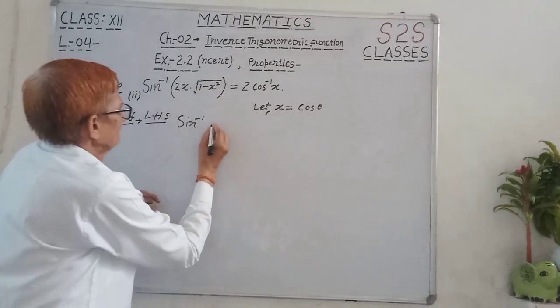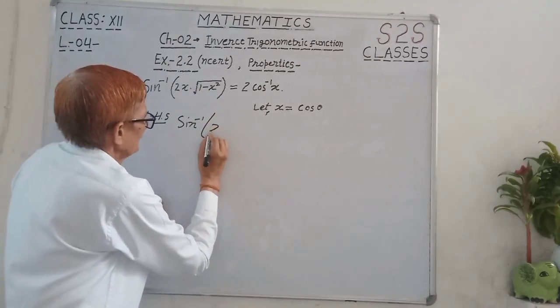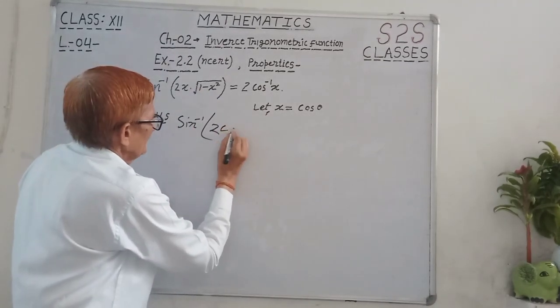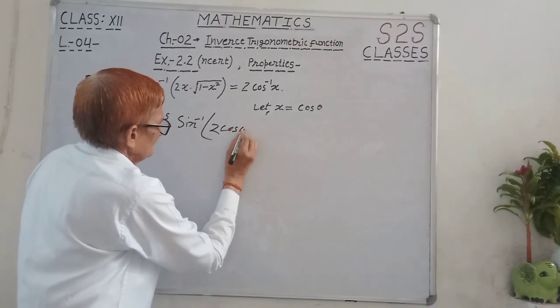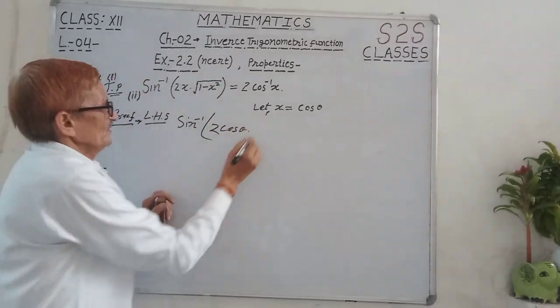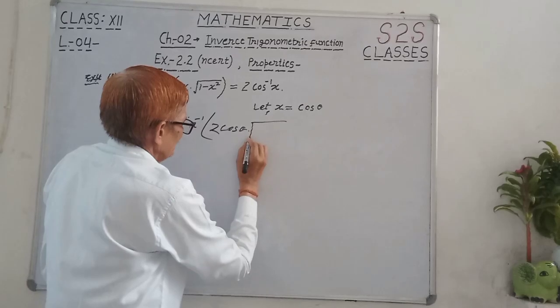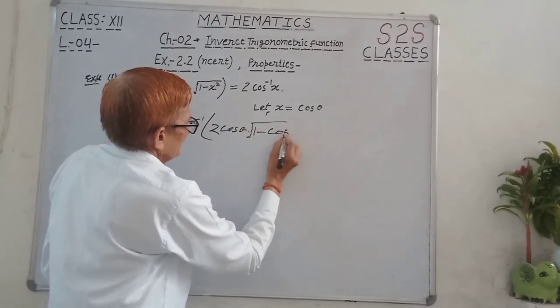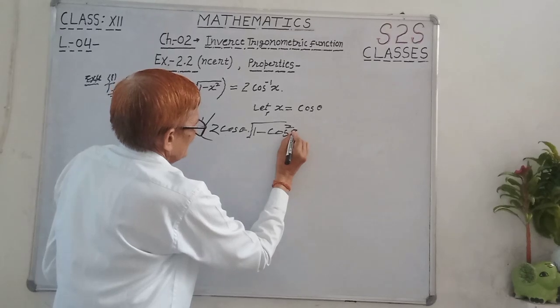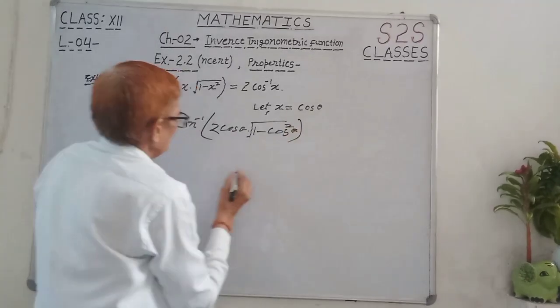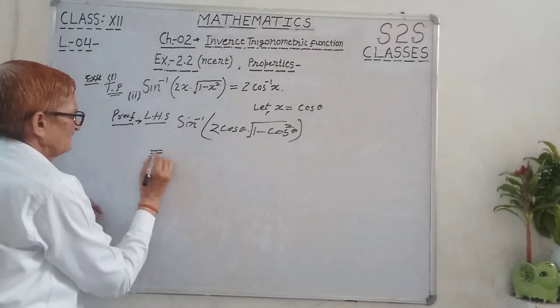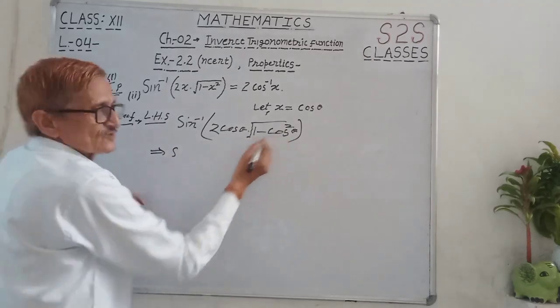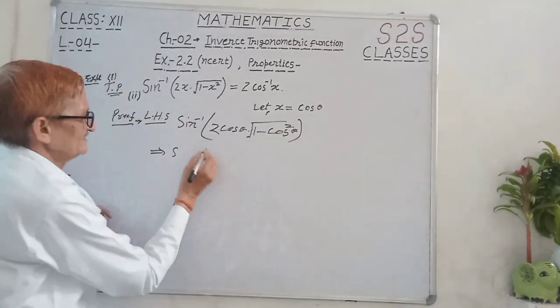Then 2x is 2 cos theta, into the square root of 1 minus x square, that is 1 minus cos square theta. Then 1 minus cos square theta is sin square theta.